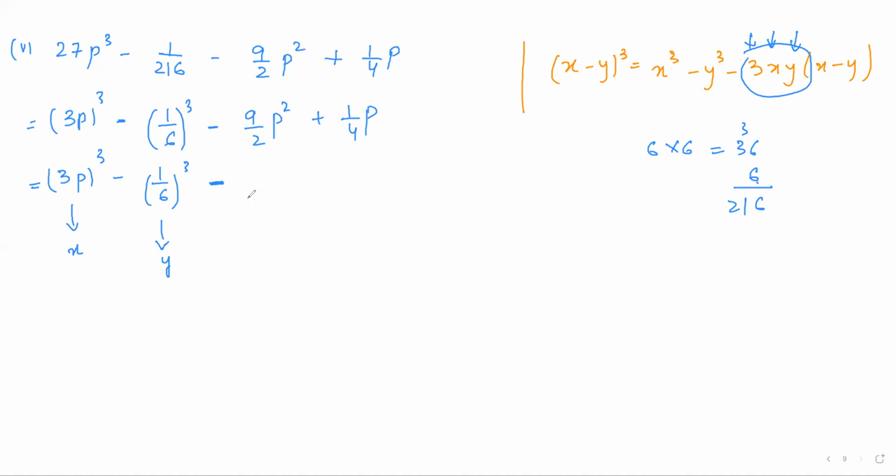So let me take my 3 outside and keep the rest of the terms inside. So out of 9, I'm taking 3, so 3 by 2 will remain. And I think 1p I can bring outside, there's no issue. So 1p will remain. And then out of 1 by 4, if I'm taking 3 outside, how will I take? Can I multiply like 3 by 3?